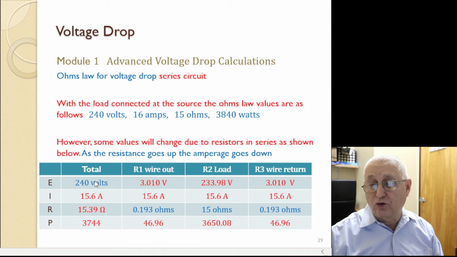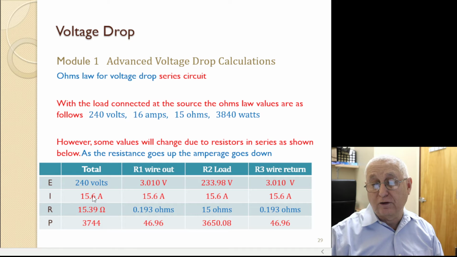If you're unsure about this, go back and see the series on Ohm's law for series circuits. E divided by R gives us I. 240 divided by 15.39 ohms gives us 15.6 amps.